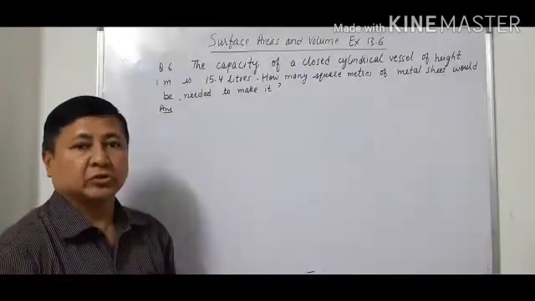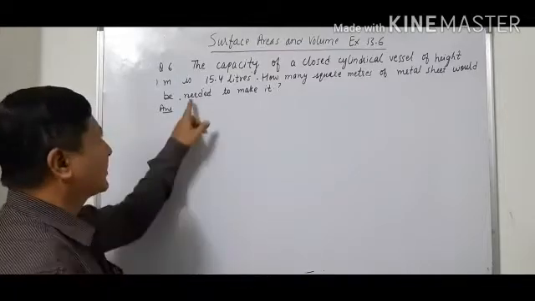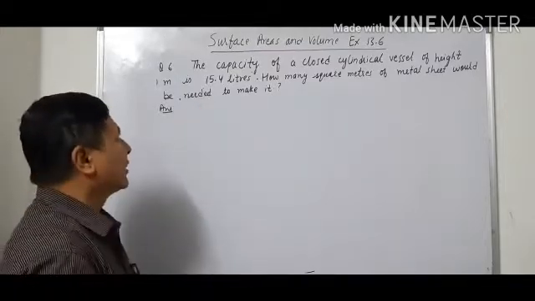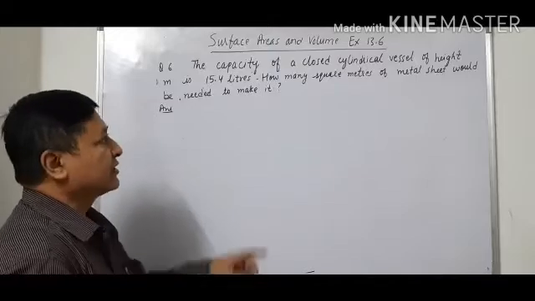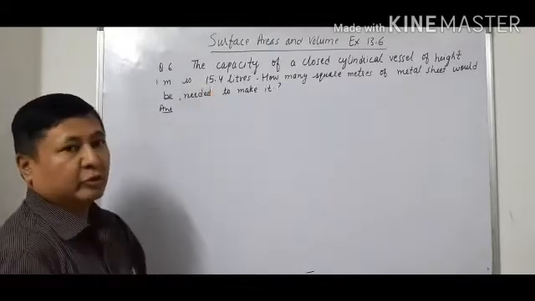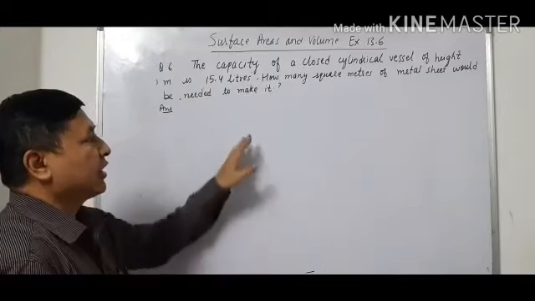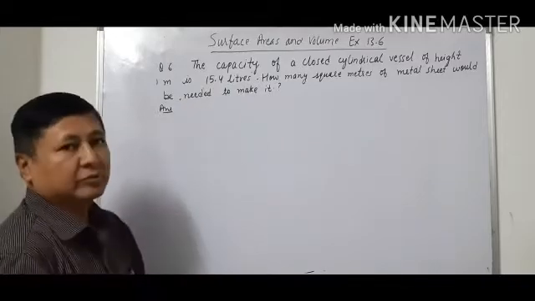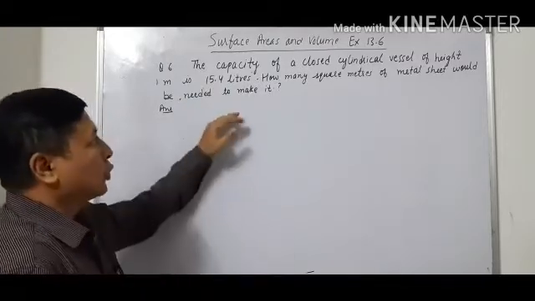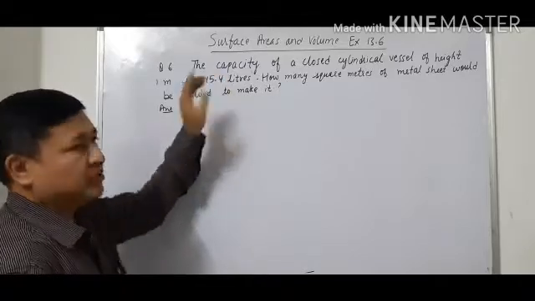Now let us solve question number 6 of exercise 13.6. The capacity of a closed cylindrical vessel of height 1 meter is 15.4 liters. How many square meters of metal sheet would be needed to make it? There is a closed cylindrical tank and capacity means volume.